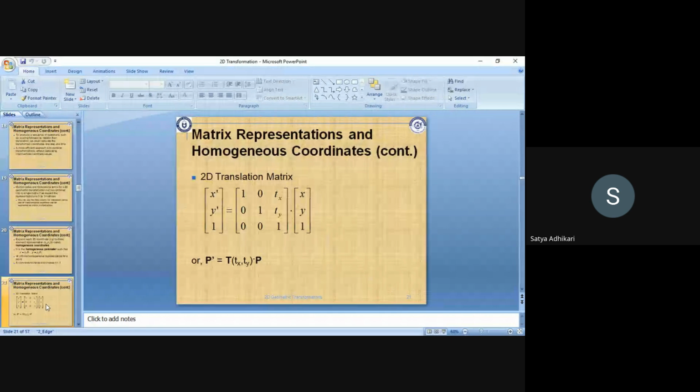Similarly y dash, the second row: 0 into x plus 1 into y plus ty into 1, that is y dash equals y plus ty. Then the third one: 1 equals 0 into x plus 0 into y plus 1 into 1, that is 1 equals 1. I have only added the third row and third column.